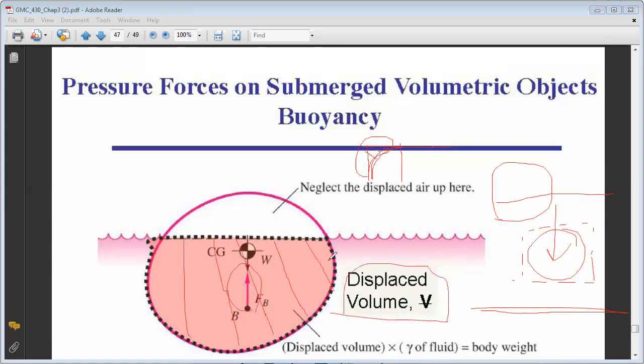So this is the displaced volume, and it's the weight of fluid occupying the displaced volume. So I don't multiply this volume by gamma of the object to get the buoyancy force. I multiply this displaced volume by gamma of the fluid. Okay. While the other force acting on my system is the weight. And of course, the weight will take into consideration the whole volume of my rigid body.